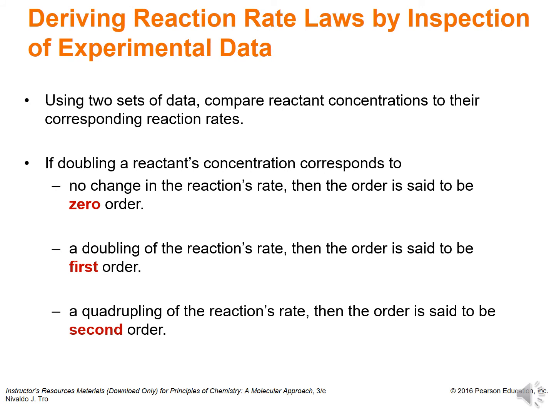So if we have second order behavior, we would expect whatever change we made to the reactant concentration, we'd expect that change to be squared in how it behaves in the new condition. So there we have it, a few ways of looking at data and figuring out what the reactant order is.